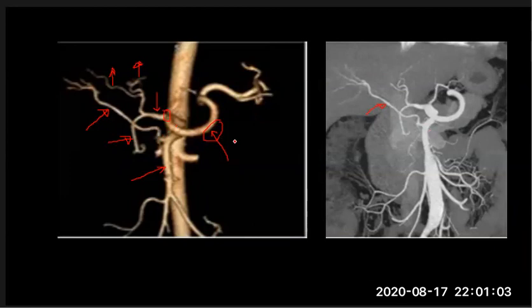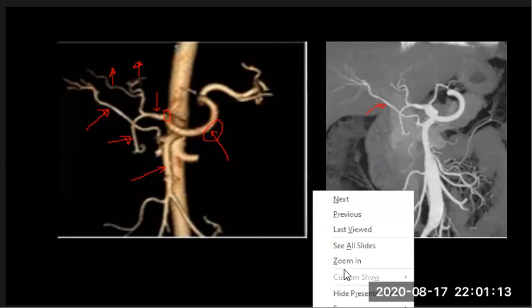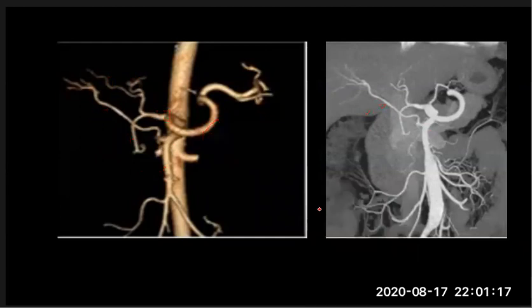Also we see it in the volume rendering, and this is the superior mesenteric artery here. Any question for this normal anatomy or normal variant? Okay, next case.